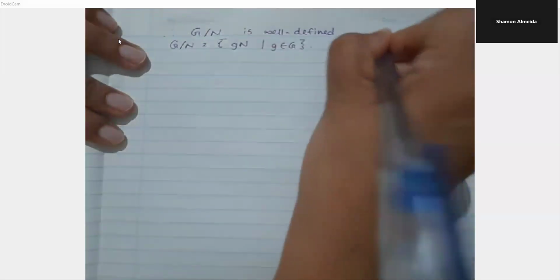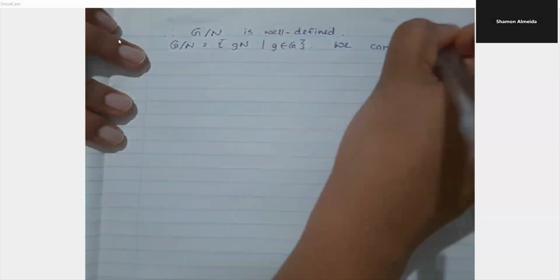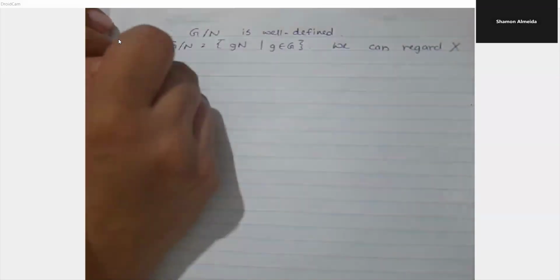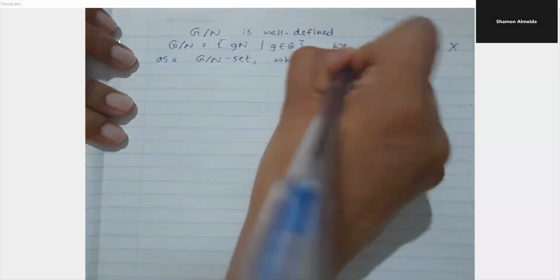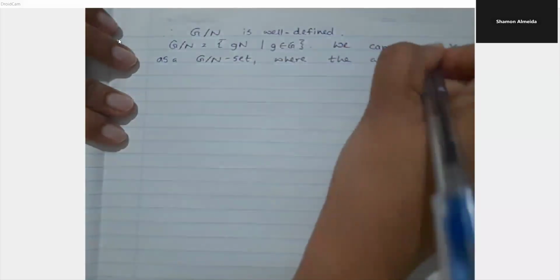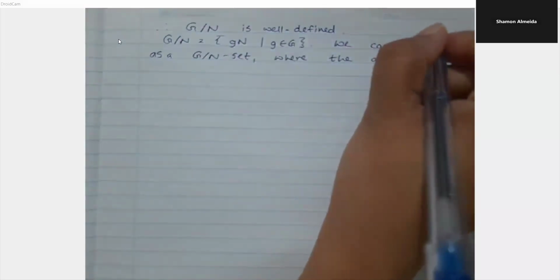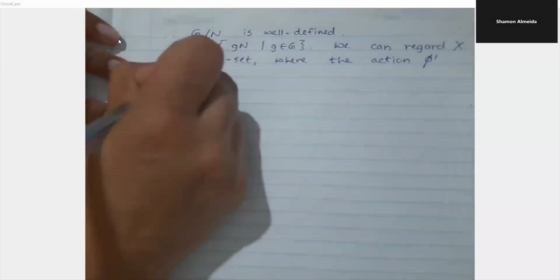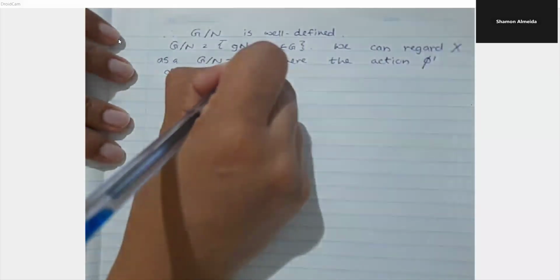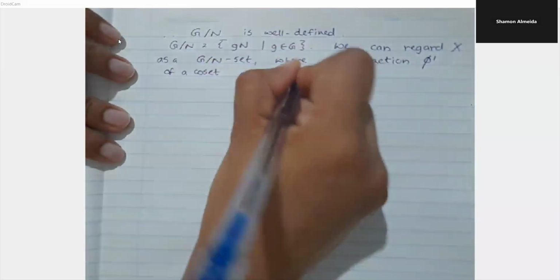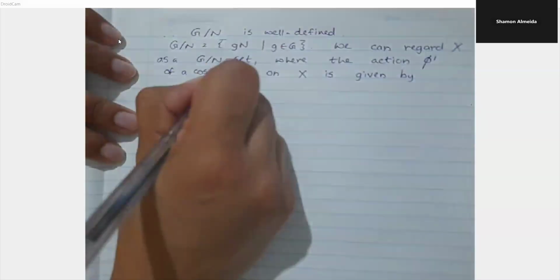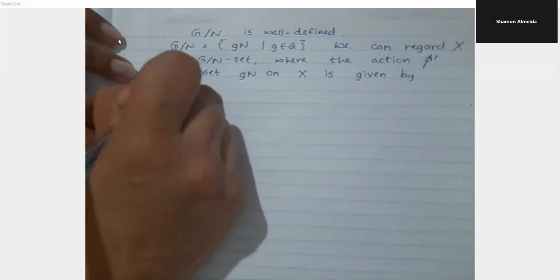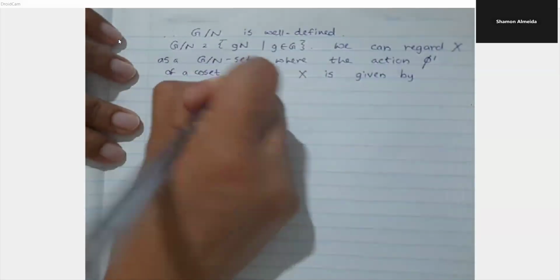We can regard X as a G over N set, where the group action, let me denote it by phi prime, of a coset gN on x is given by gN dot x simply gx.